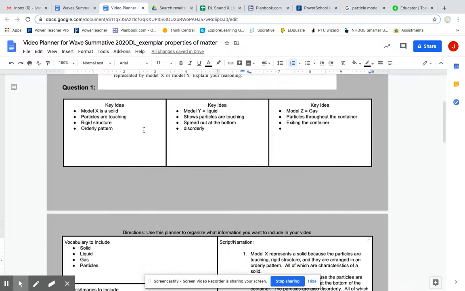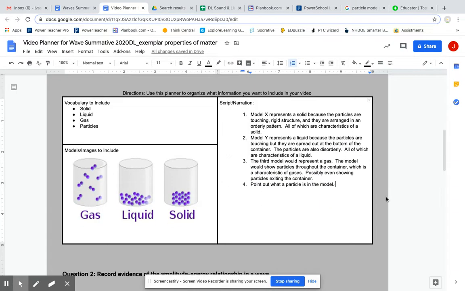Well, when the particles on Cobbett's Pond become a solid, they form an orderly, rigid structure that I can ice skate on.